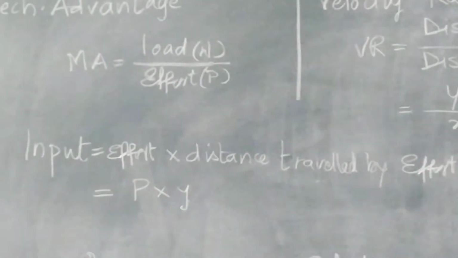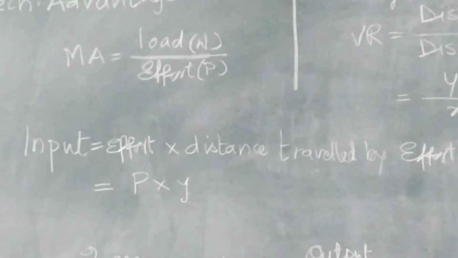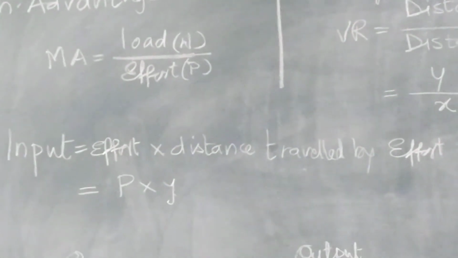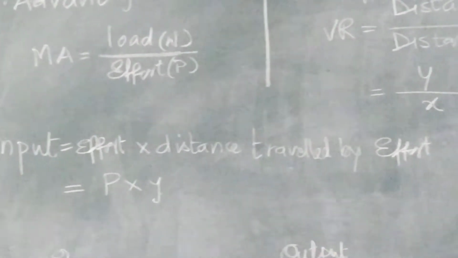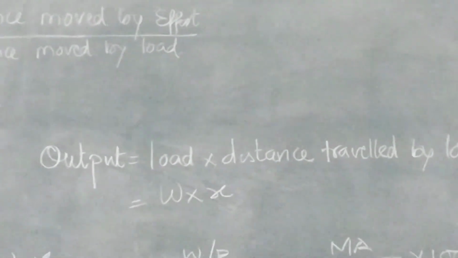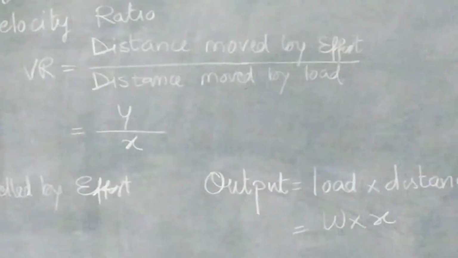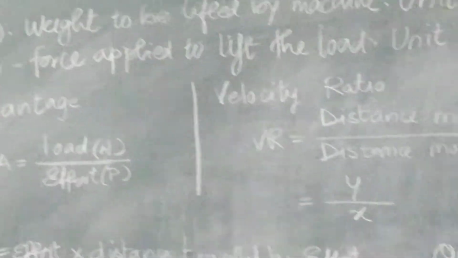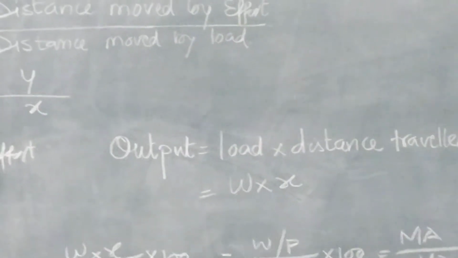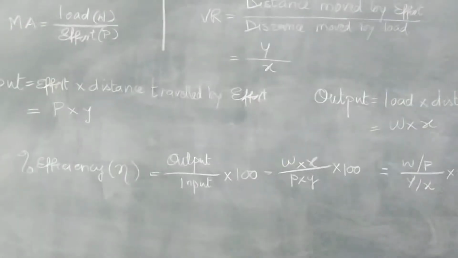Effort we have already seen in the introduction, which is denoted by P, and distance travelled by effort in velocity ratio we have seen, which is Y. So, input is P into Y. Output is load into distance travelled by load, it is equal to W into X. We have seen load as W in the introduction and distance moved by load as X. So, output is equal to W into X.